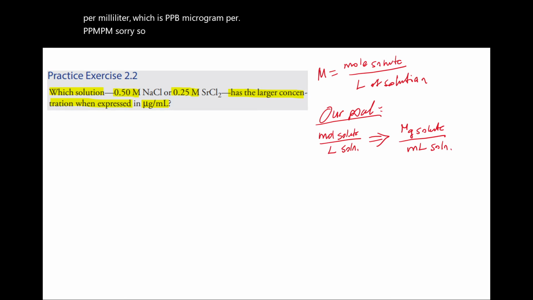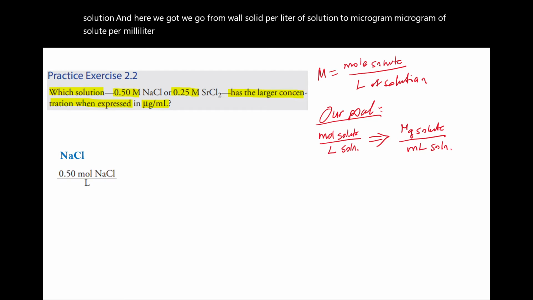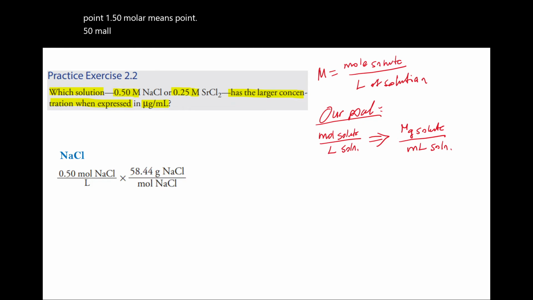We know the molarity is mole solid divided by the liter of solution, and here we go from mole solid per liter of solution to microgram of solid per milliliter of solution. And for sodium chloride, we start with the molarity. 0.50 molar means 0.50 mole sodium chloride per liter of solution.